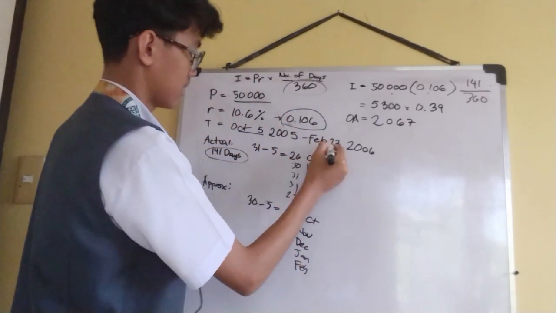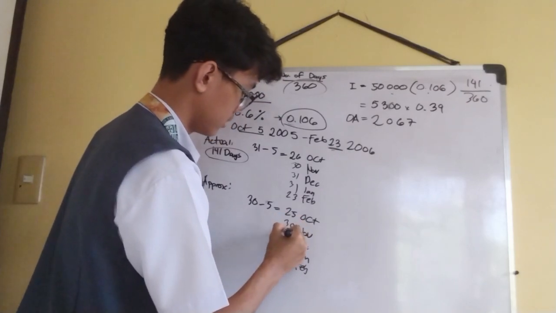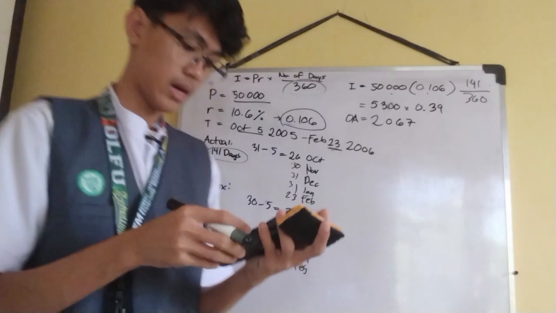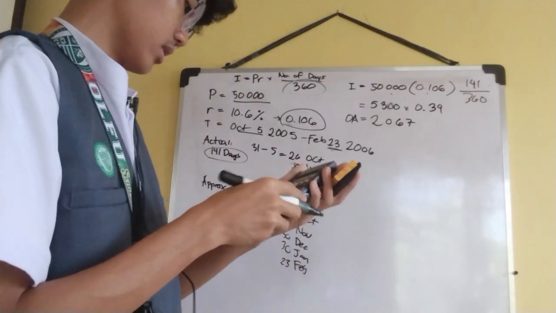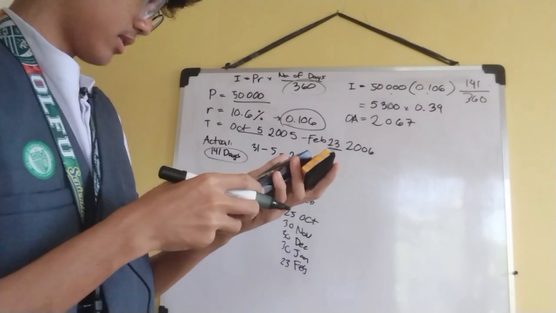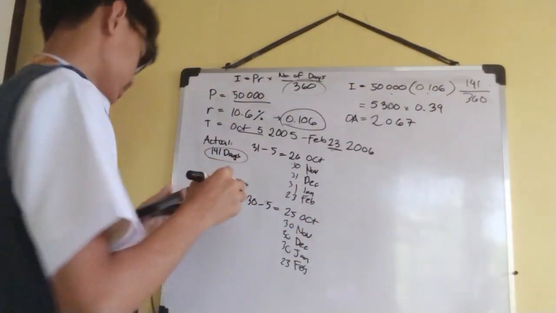Then take 23. Then list all the months as 30 since it's approximate time. Then just add them all together, just like so. That is our approximate time.